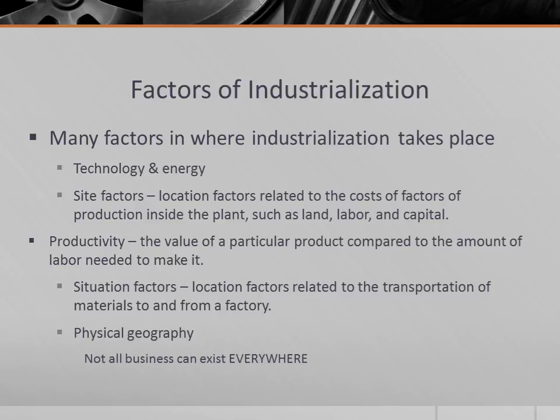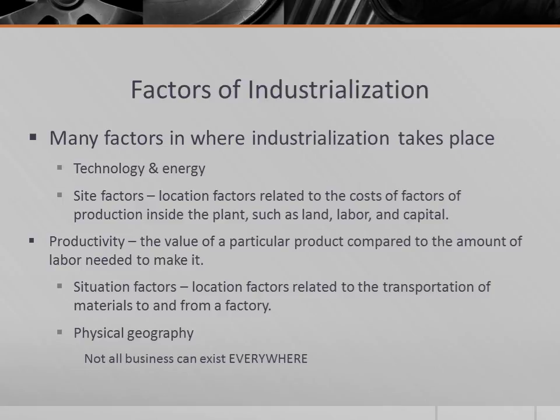If you are a business owner seeking to open a new factory, there are certain things that you're going to have to think about. You're going to have to think about how much does the land cost where I'm going to build my factory? How much are the labor costs? How much are workers going to want to be paid? And then how much is it going to cost to build the building? How much is it going to cost to get my raw materials? How much is it going to cost to get the machines to operate in this factory? Those are your land, labor, and capital.